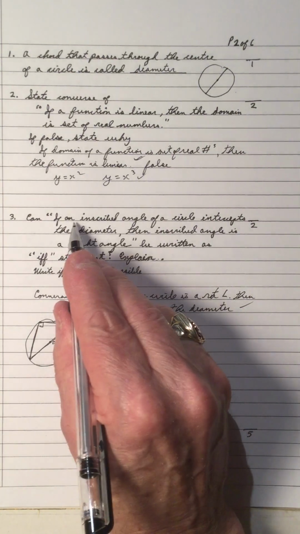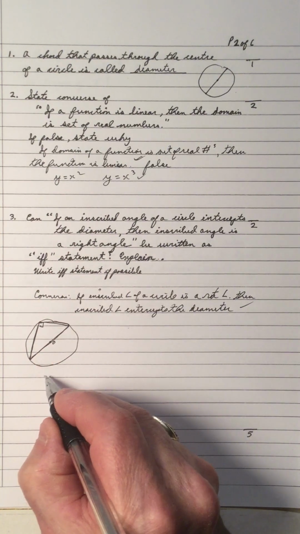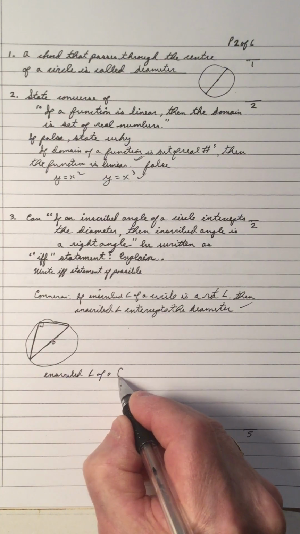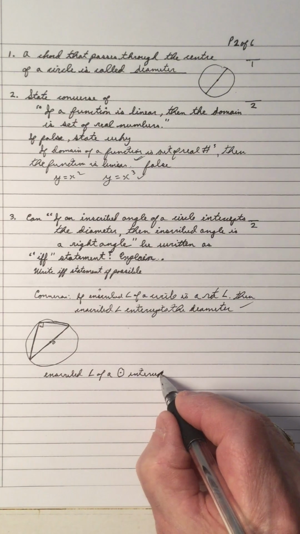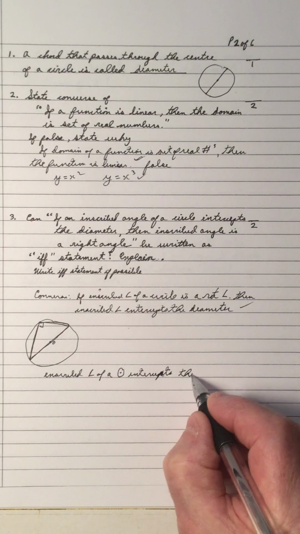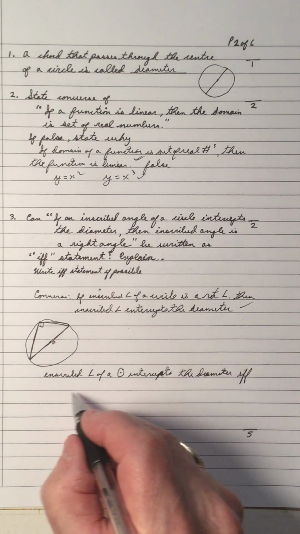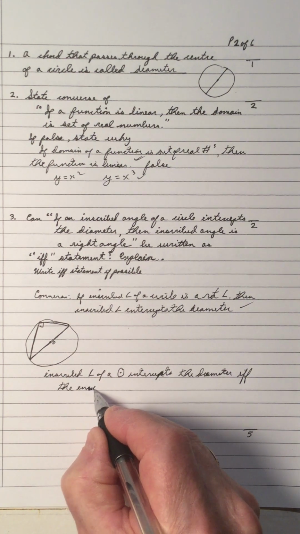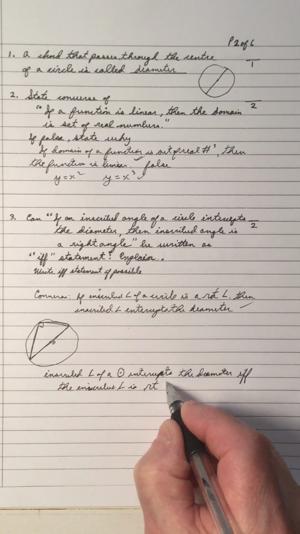And that's true. Therefore, if we take this statement and leave off the first part, an inscribed angle of a circle intercepts the diameter if and only if the inscribed angle is a right angle.